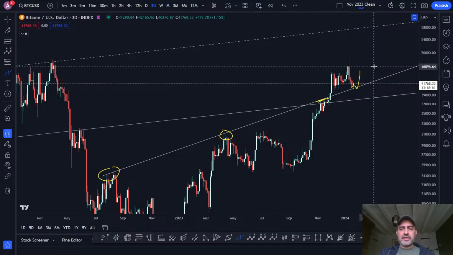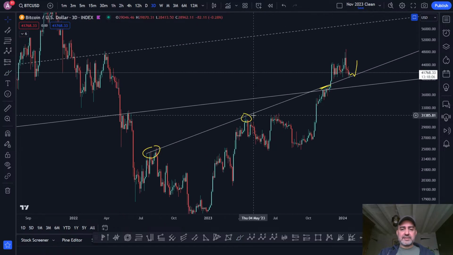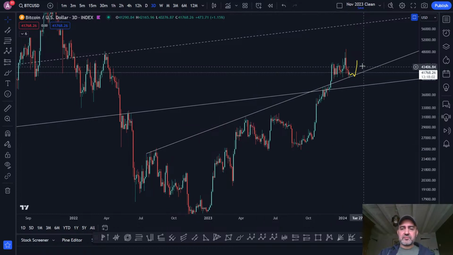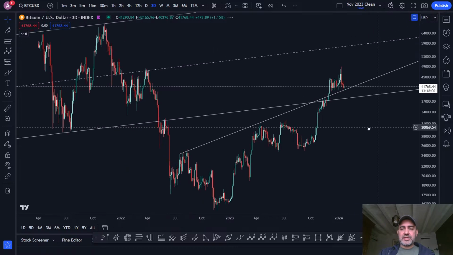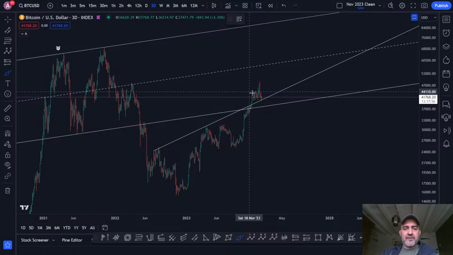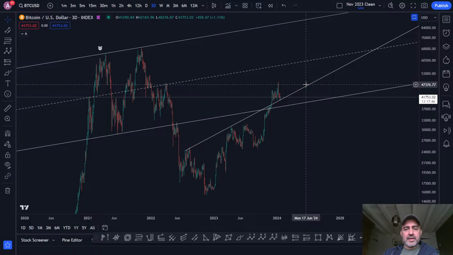And if that was to happen, then your 5 wave is continuing. The 5 wave hasn't ended yet, potentially. If we continue to go up now, then the 5 wave hasn't ended. We're still going up, still in the 5 wave. We're not actually in a correction just yet. So that's something to bear in mind.